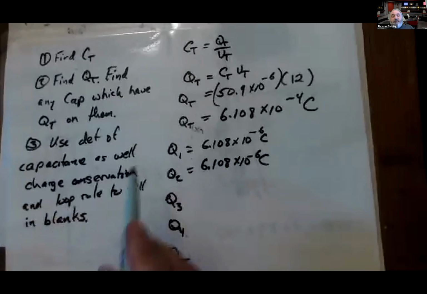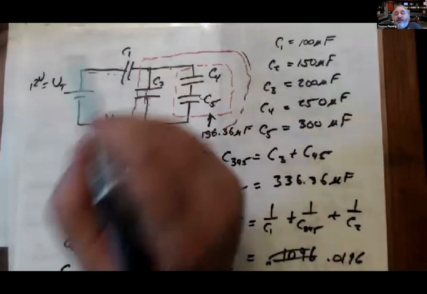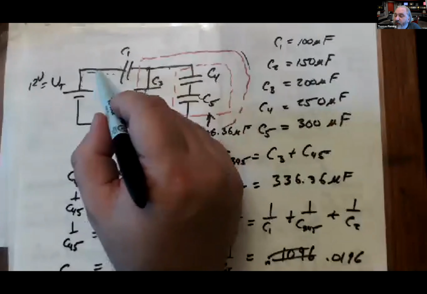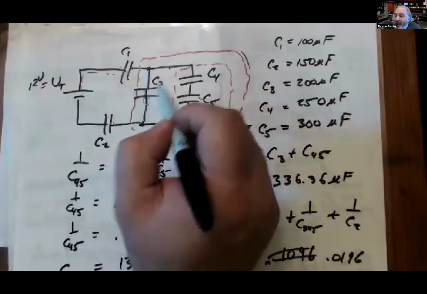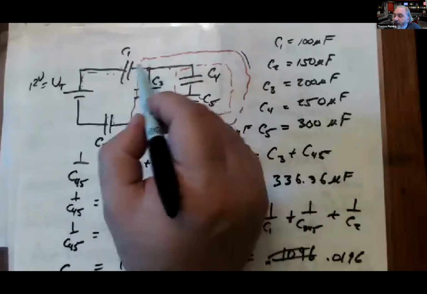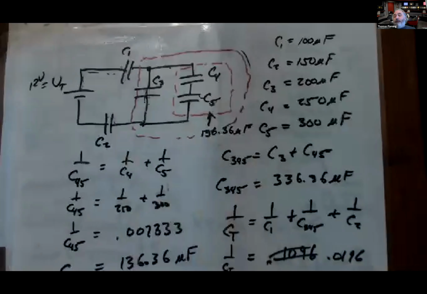Charge conservation is what we're eventually going to start calling the junction rule. Basically it says that all the charge has to go someplace. If I know how much charge comes into this intersection, all the charge coming out has to add up to the charge coming in, right? None of the charge is going to hit this intersection and vanish. It's all got to be accounted for.